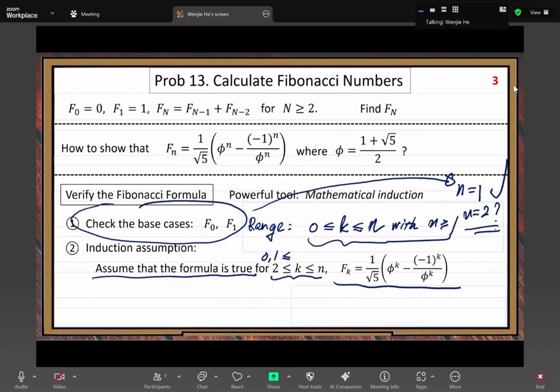How do you know it is true for any positive integer n? Because our goal is to show that for n equal to any positive integer, this assumption is true. That's our goal, but we must rigorously prove it. That's the point.